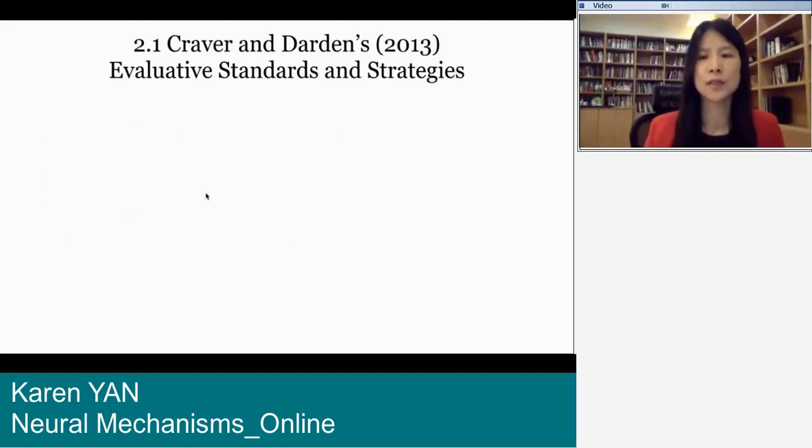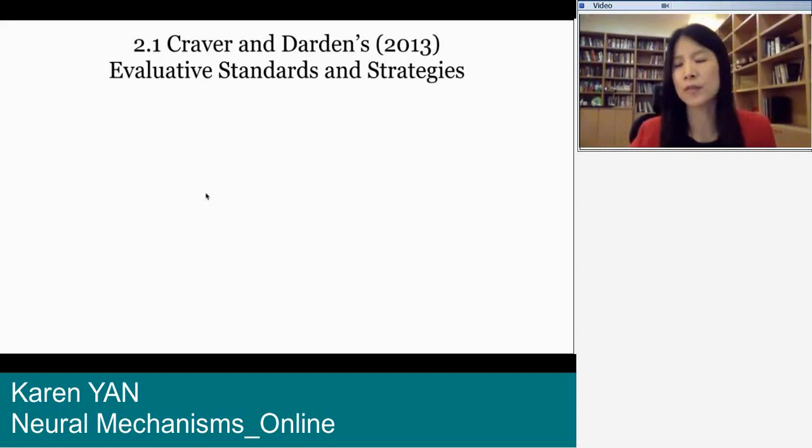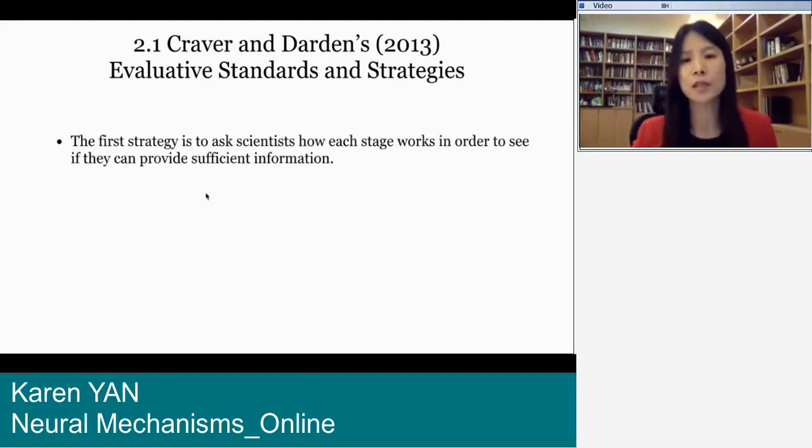And since it involves a lot of contextual factors, they very instructively give 3 strategies you can use to evaluate what they call the acceptable degree of completeness. The first strategy is to ask scientists how each stage works in order to see if they can provide sufficient information.